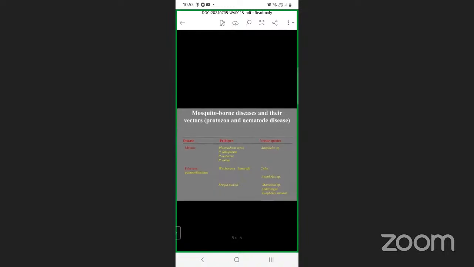So why are we studying this particular insect? It causes major mosquito-borne diseases. We see malaria, which is caused by Plasmodium vivax, Plasmodium falciparum, Plasmodium malariae, and Plasmodium ovale.